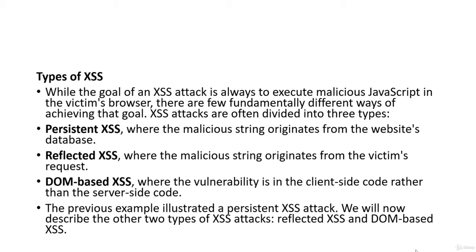In the case of reflected XSS, only the particular link will be infected. Whenever any user visits that link, they will get infected, but the whole range of users who visit the website will be unaffected. We'll see persistent and reflected XSS attacks in this lecture.